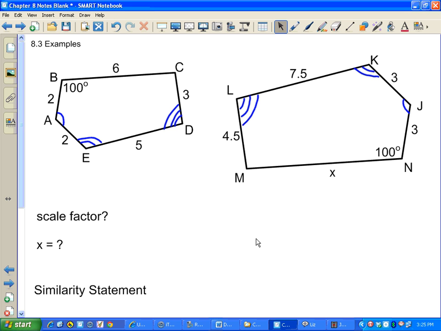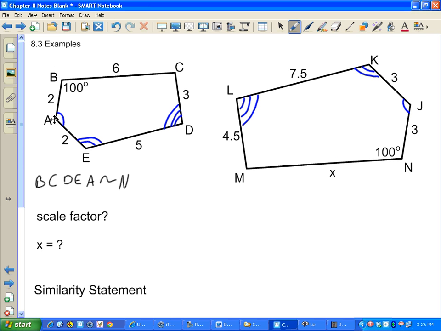Let's look at some examples like what you'll be expected to do. Let's say these are similar. The way we're going to write that out is the same way that we had to write congruency statements. We need the pieces that are corresponding to have letters in the same order. So I'm going to start at B. I'm going to say B, C, D, E, A is similar to, here's B, it corresponds to N, so N has to go first.